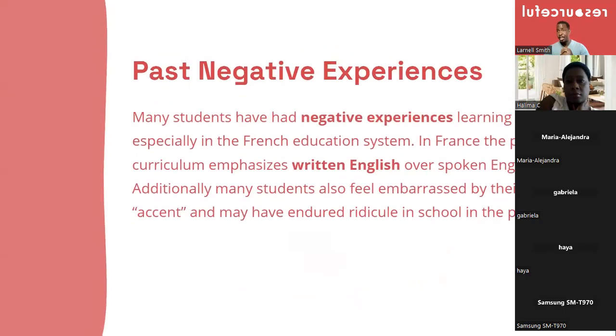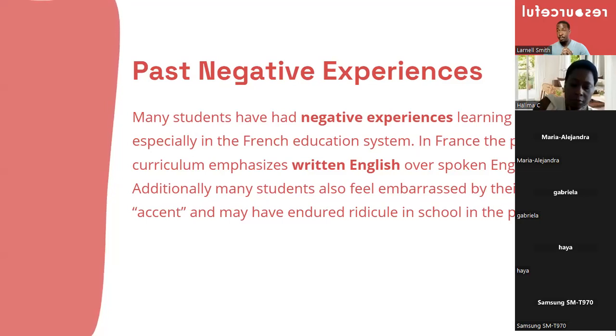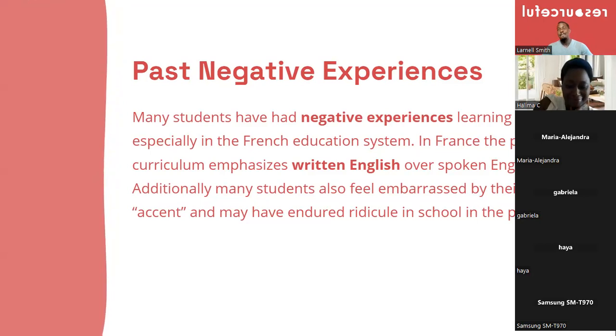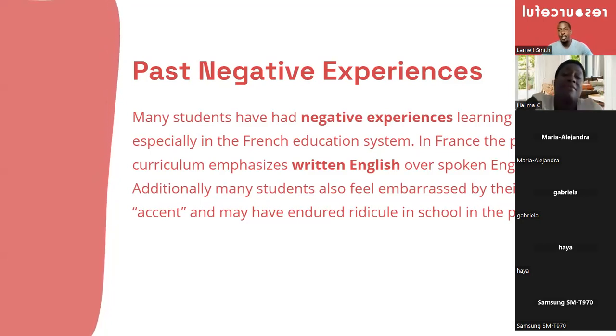So as I mentioned with Nikki, many students have had past negative experiences, especially in the French education system. I'm not going to pick on it, I know we could all go on for hours, but we're going to try to keep it to a minimum. In France, the curriculum heavily emphasizes written English over spoken English.